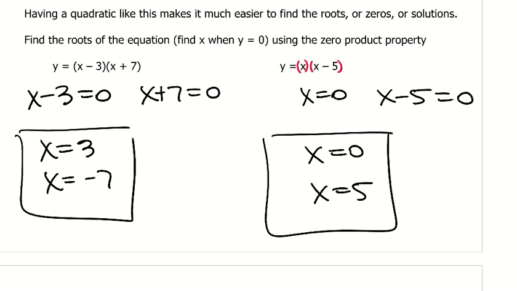And if x equals 0, well then I have 0 times some number minus 5, and that'll always be 0 because I've multiplied by 0. It's kind of a game ender. And then over here, if x minus 5 equals 0, well that's x equals 5. So I would have 5 times 0, and that's going to be 0. And so that's how I get it. We'll have more like this.